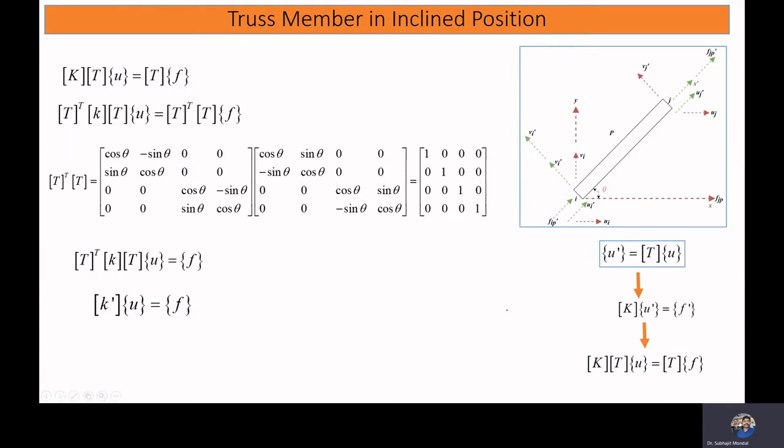So we can obtain our stiffness matrix in this form, K dash, which is in our global coordinate system, and U also in our global coordinate system, and F also in our global coordinate system. So this part we have learned.